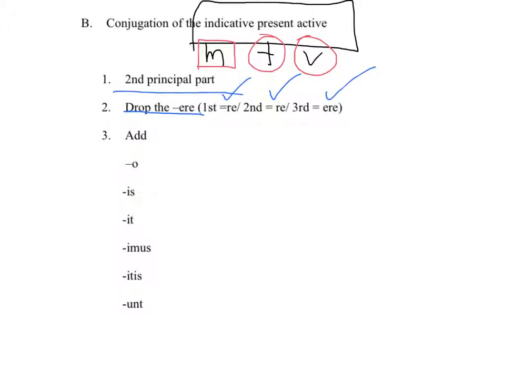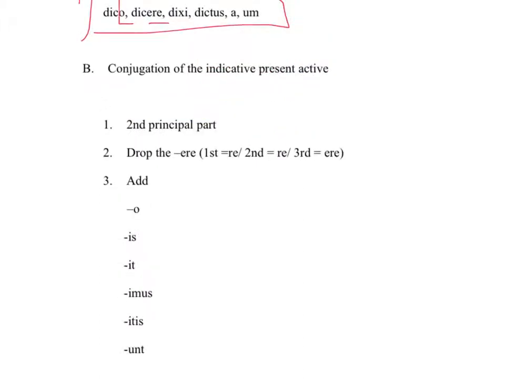And then you add your regular old endings. So for the model verb that I gave you, third conjugation verb, sorry, I had to move it back there so you could see it, dico, dicere, dixi. You take the second principal part, which is dicere. You drop the ERE, not just the RE like for the first and second conjugation. And then you add the endings.